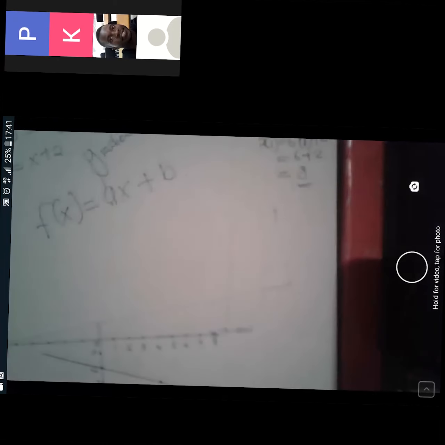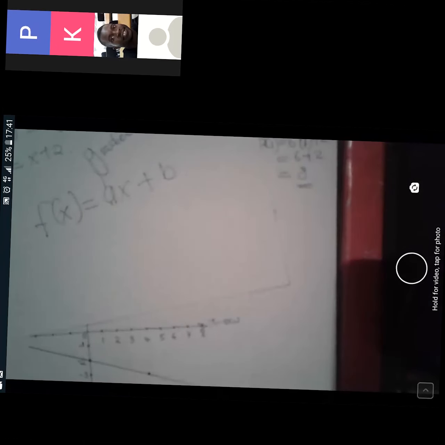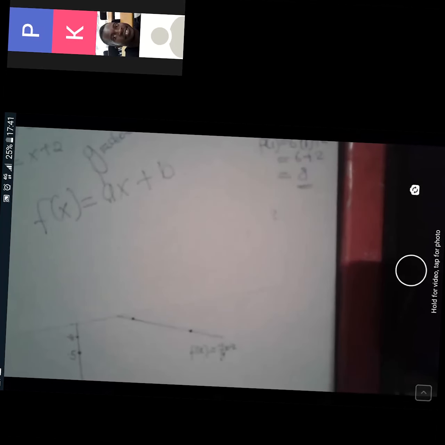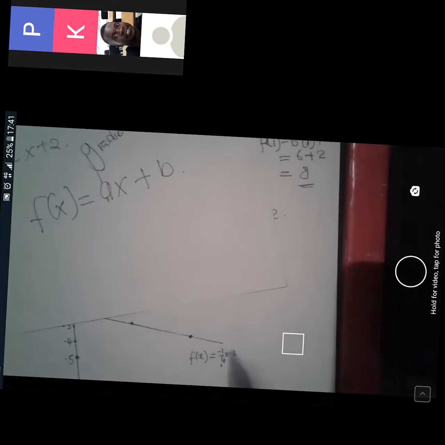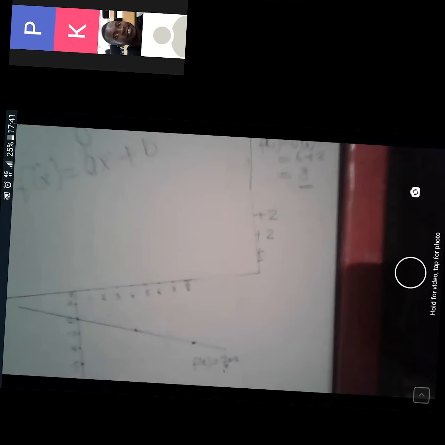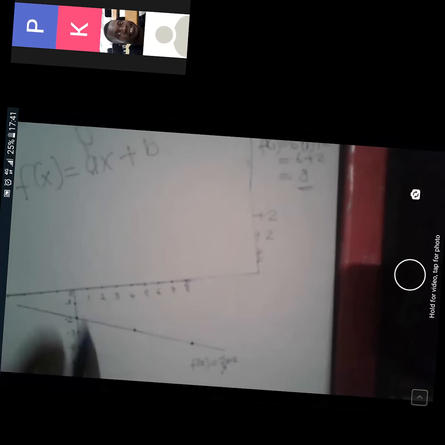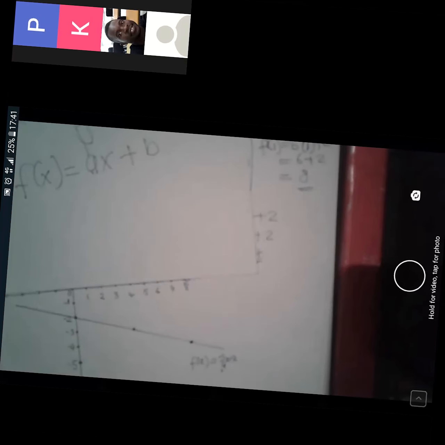And then the b. If you notice here, we have this function f of x being equal to -1/4x minus 2. This is the -2 here, and we see that this function cuts the y-axis at this very -2.